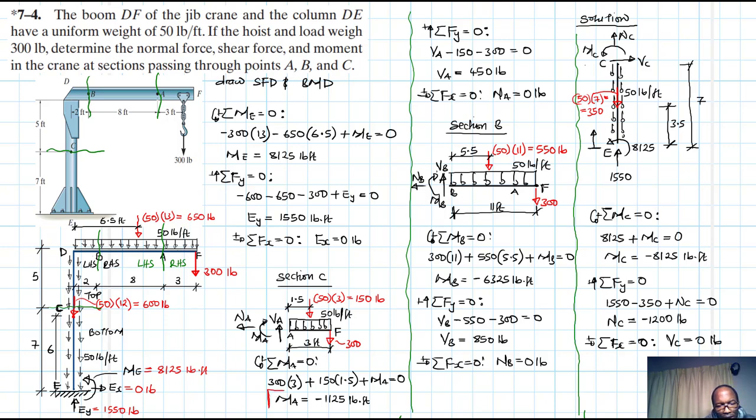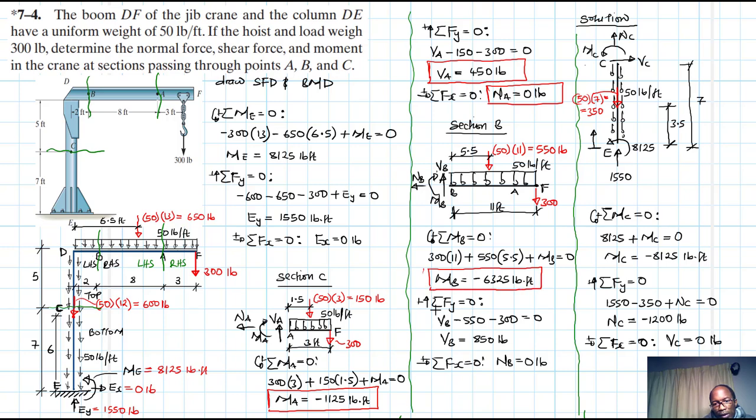We have MA, which is this negative moment. We have VA, which is a positive shear. We have NA, which is 0. And then for section B, we have a negative moment.